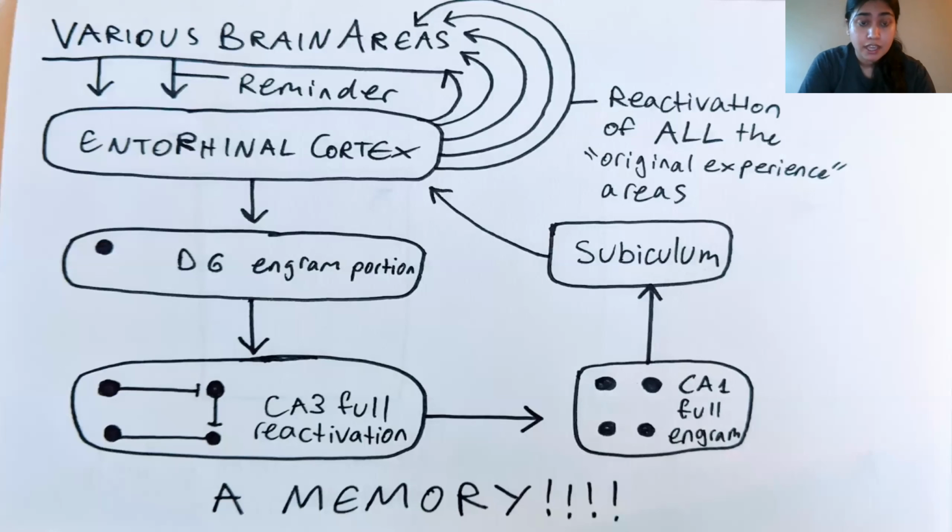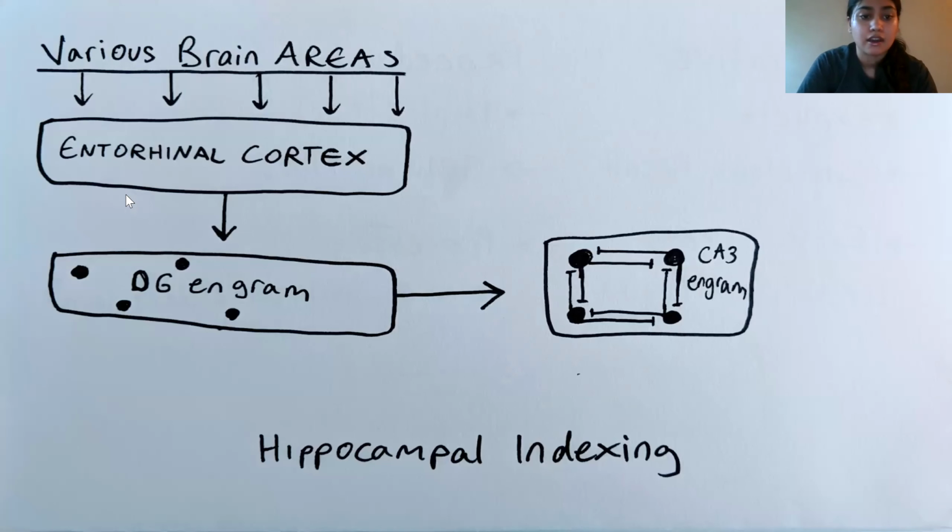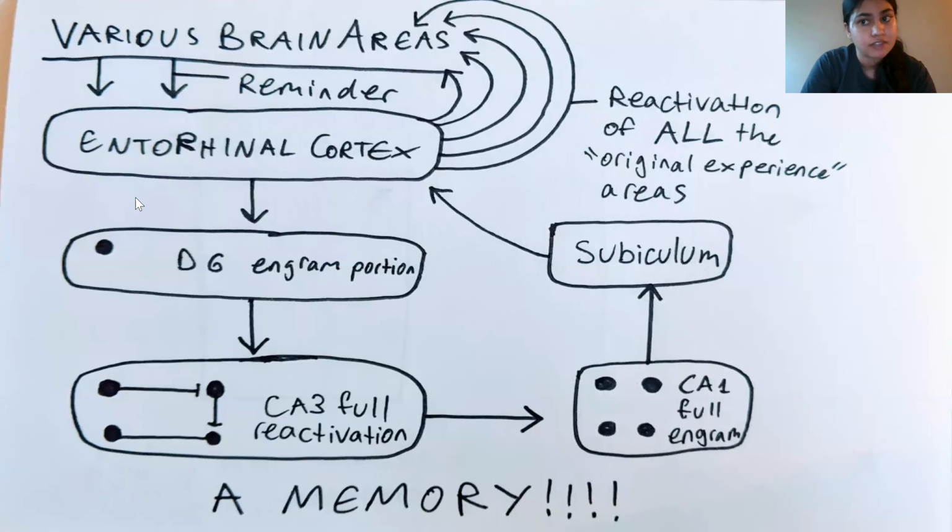Now, later on, if a portion of that original experience is present, a reminder, so instead of all of these inputs it's just a small portion of the inputs, then those areas of the brain are going to reactivate the tiny portion of the original experience, and it's going to activate a tiny portion of the entorhinal cortex cells that were active during that experience, which will activate just a tiny portion of the dentate gyrus engram. Like again, over here, if this was a full engram, then this is a tiny portion of the engram that's activated in the presence of a reminder.